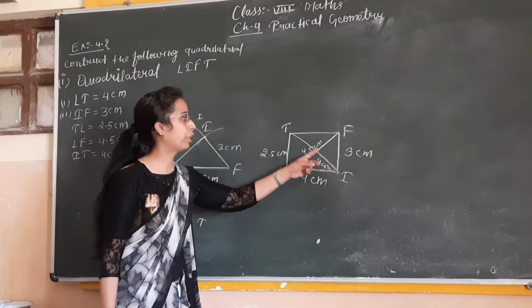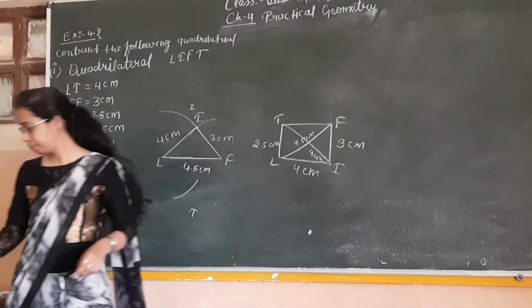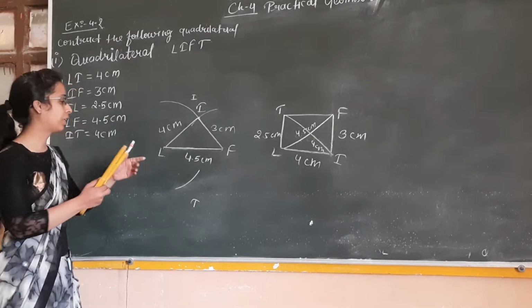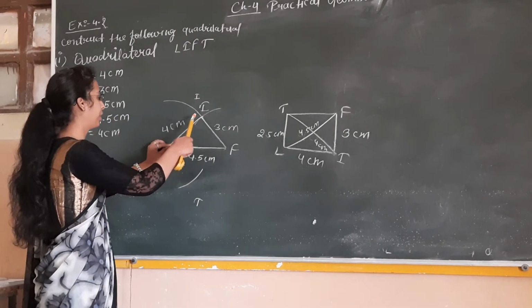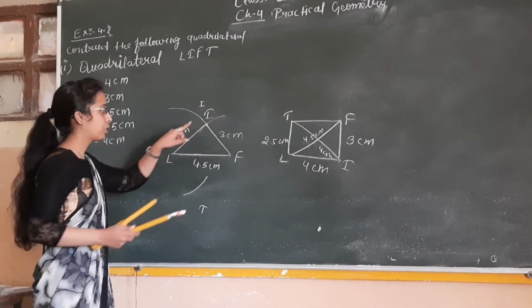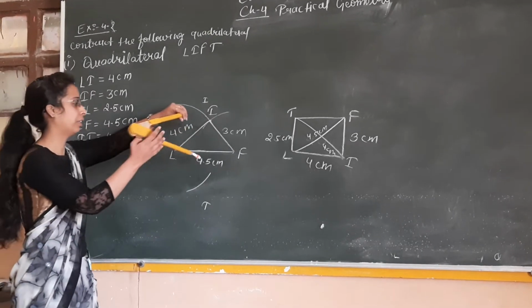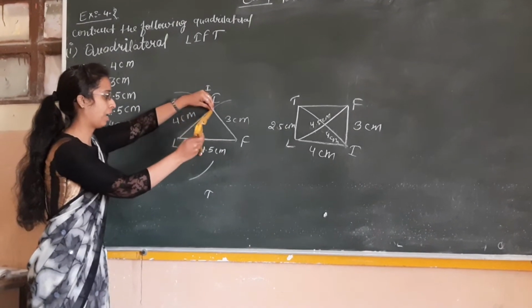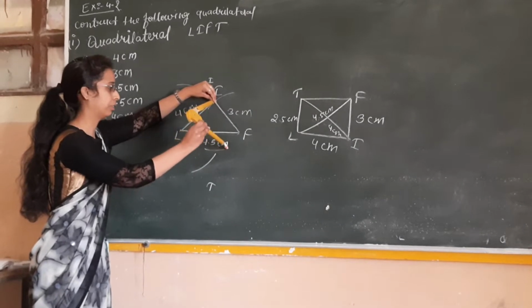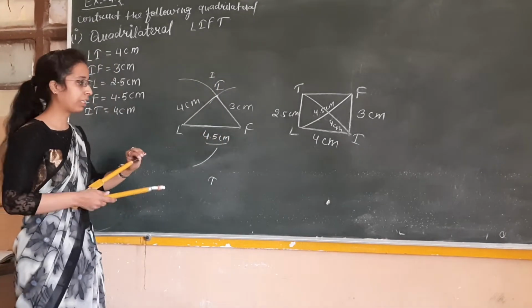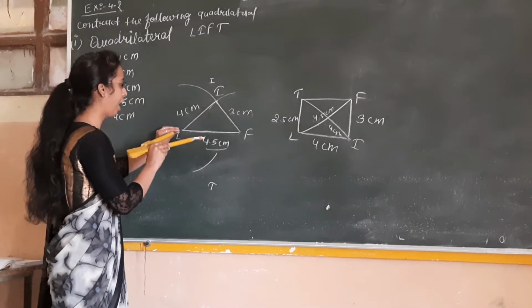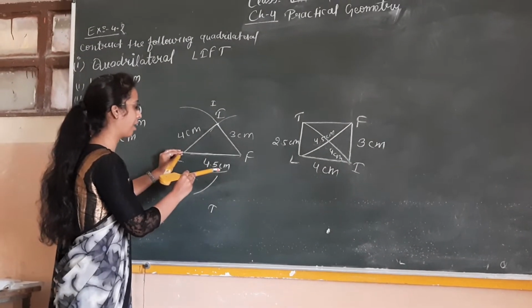IT. What is the measurement of IT? 4 centimeter. So taking I as a center, cut an arc of 4 centimeter here. We can see these are not intersecting, so we have to increase this arc.